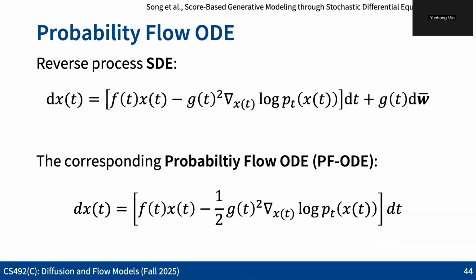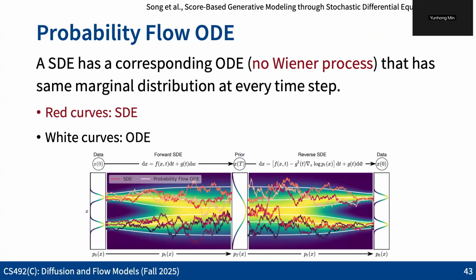Especially for the reverse process, when the SDE is defined in this way, with the drift term f here and also the diffusion coefficient g term here, this ODE formulation just has the 1/2 here, without the Wiener process term. This becomes the corresponding ODE formulation, so that instead of those jaggy trajectories, we now have much smoother trajectories without any random noise.